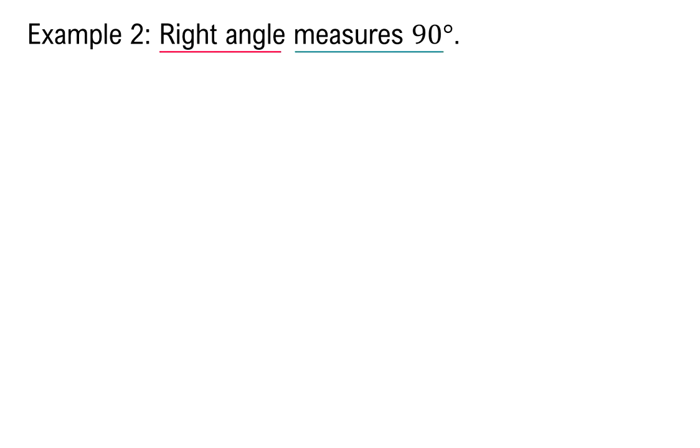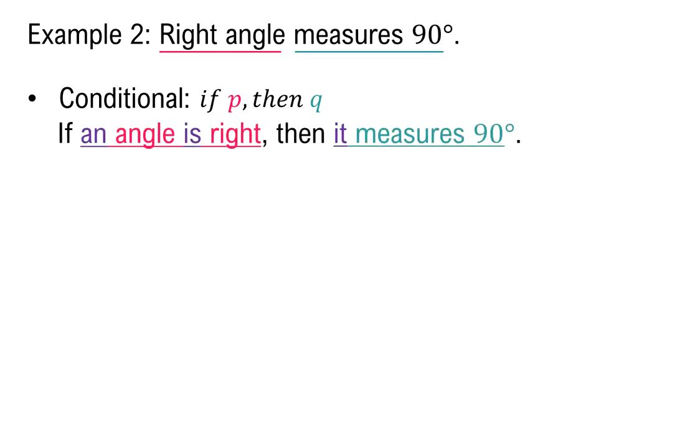So, yung unang gagawin natin is we're gonna write this in conditional statement. So, yung conditional statement natin ay if P, then Q. Dahil alam na natin kung ano yung hypothesis at conclusion natin, we're gonna rewrite the statement into an if-then form. So, dito kunin lang natin yung hypothesis natin na right angle. So, magdagdag lang tayo ng words, which is yung an at saka yung is.